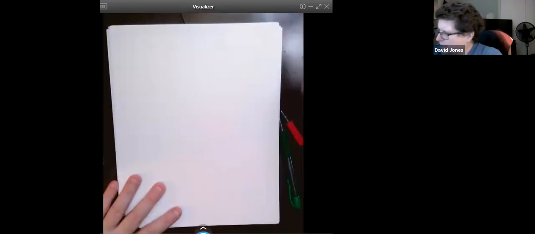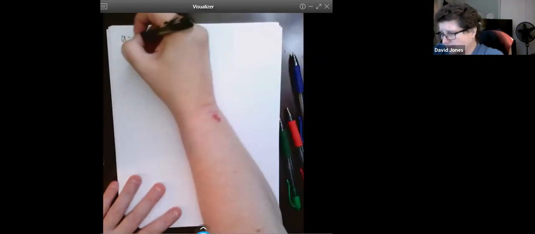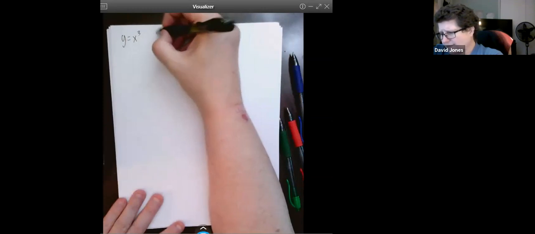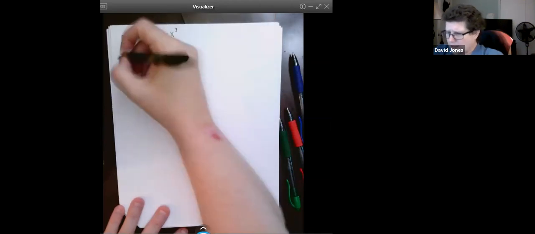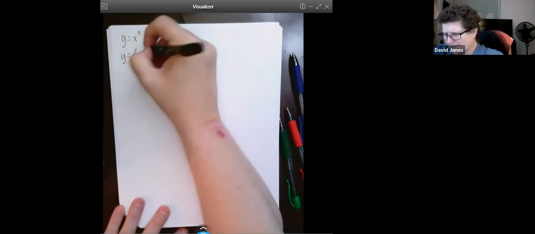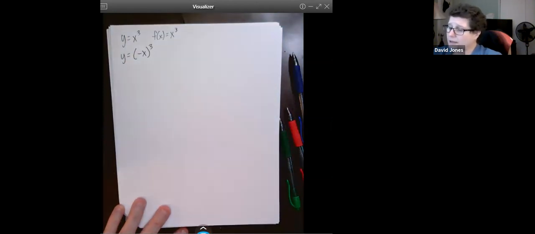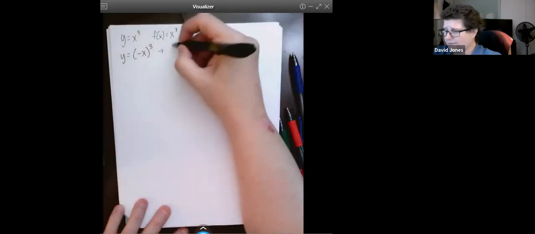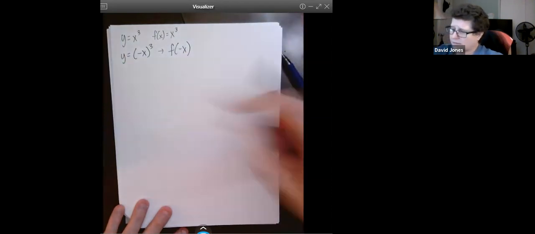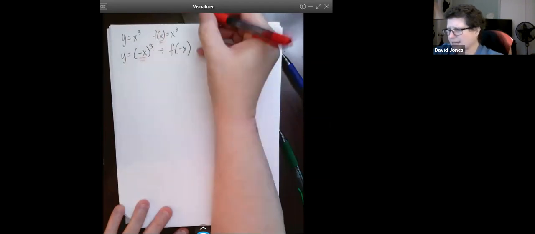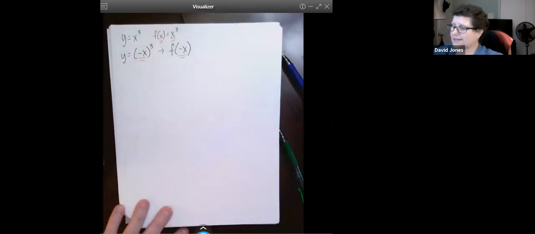Take a look at another one. Let's have our base graph be y equals x cubed, so f of x equals x cubed. And then we're going to look at y equals, I'm going to put negative x in parentheses, (negative x) cubed. So this is like f of negative x. What I have there has got to match, so it's negative x there.